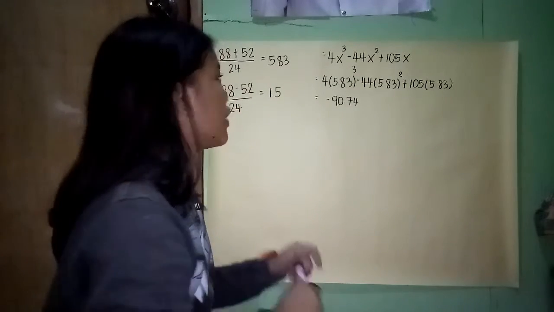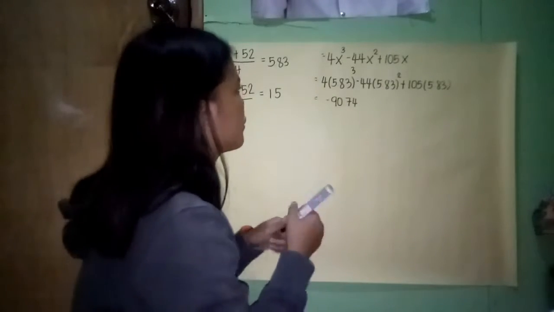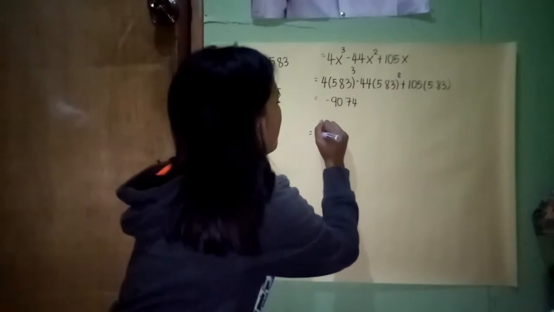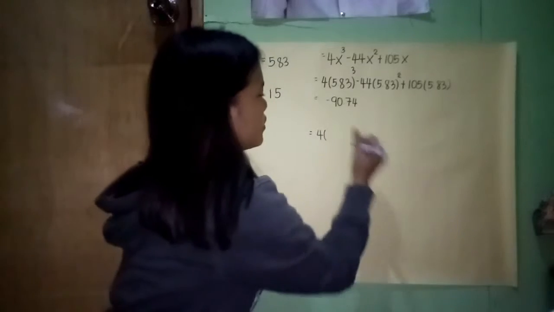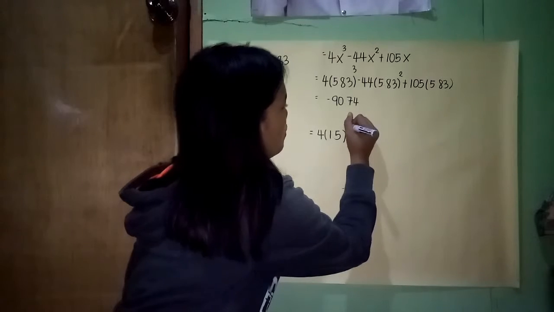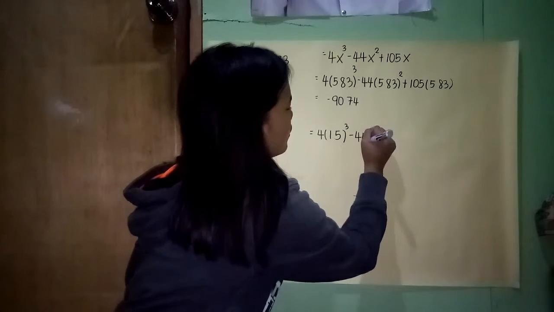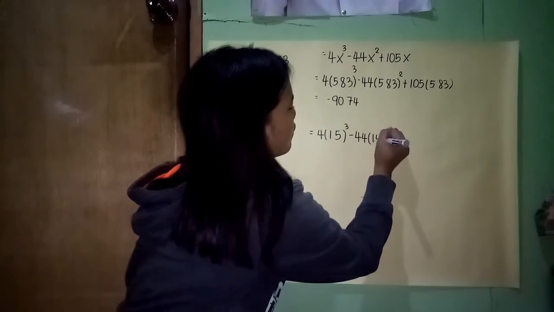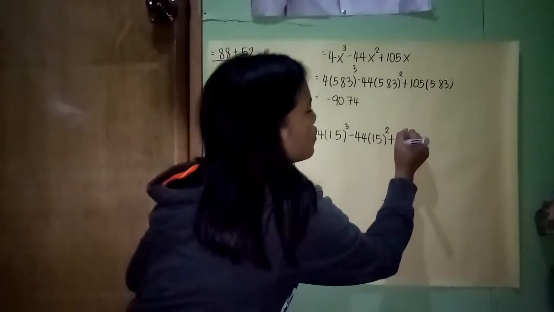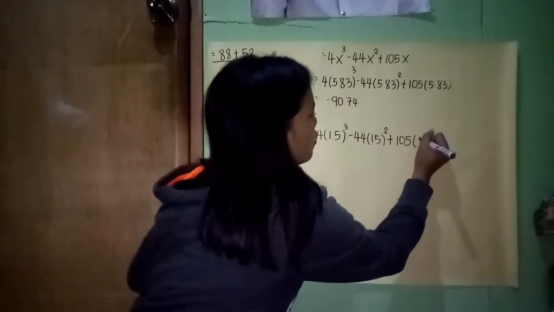At this point, we are now going to substitute 1.5 into our original function. So this will be 4 times 1.5 cubed, minus 44 times 1.5 squared, plus 105 times 1.5.